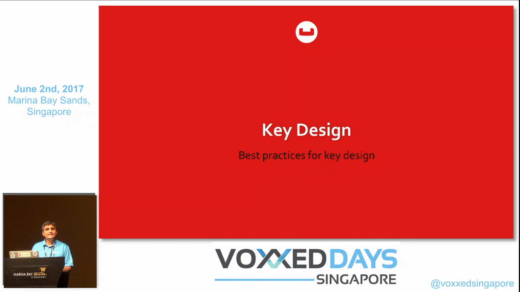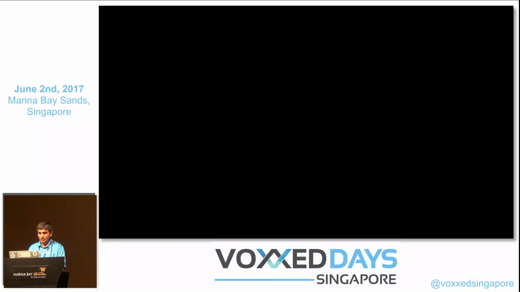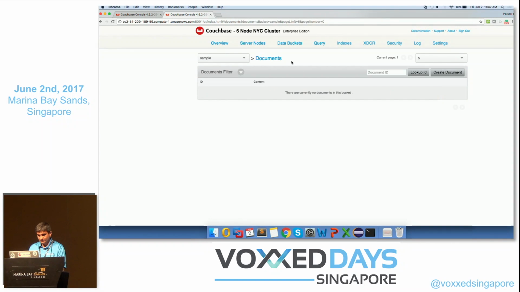Talking about key design, so in Couchbase, it's a key value pair, right? So what are the best practices for key design? If you look at the typical document in Couchbase, let me just say sample.